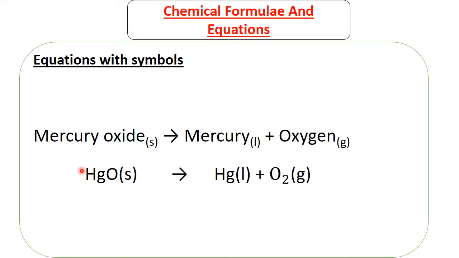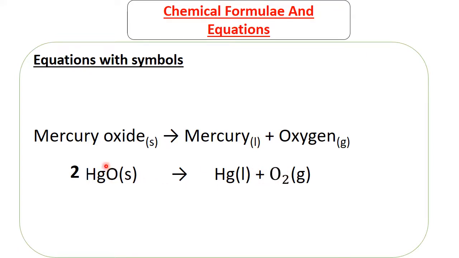So the coefficient is going to increase the number of atoms here where oxygen is less. We have 1 oxygen here, we have 2 oxygen here. So we can just put 2 here, so that we have 2 oxygens here also. So when we do that, we're going to have 2 oxygens here, which are going to balance with these 2 oxygens.